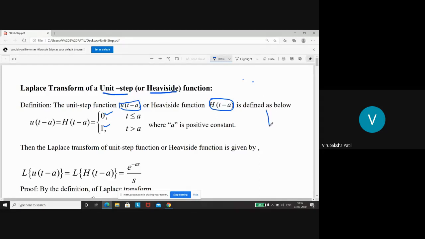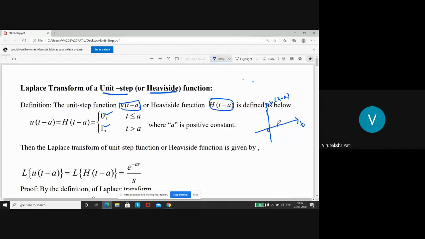If we plot a graph of this in the rectangular coordinate system, let us take this axis as t, and this as u of t minus a. Usually we'll write it as u of t minus a. Sometimes, to twist the question, they will give it as h of t minus a. That is also the same. We'll mark the origin 0, and some point somewhere here.